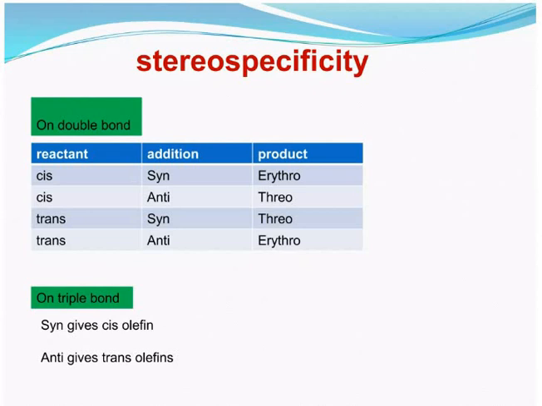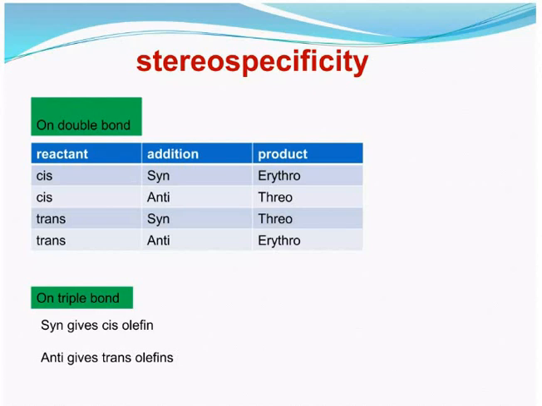So stereospecificity, this topic is very important for NET examinations. On double bond, reactant, addition and products: cis, syn, erythro; cis, anti, threo; trans, syn, threo; trans, anti, erythro.